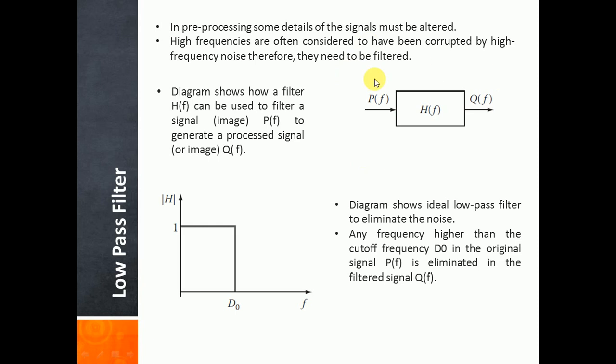This is what the system looks like, where H of S is the impulse response and Q of S is the output. So this is an ideal low pass filter.